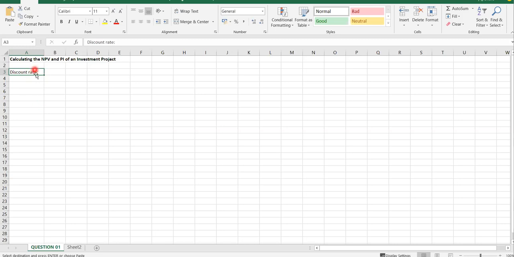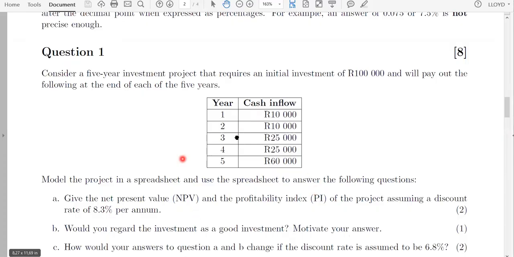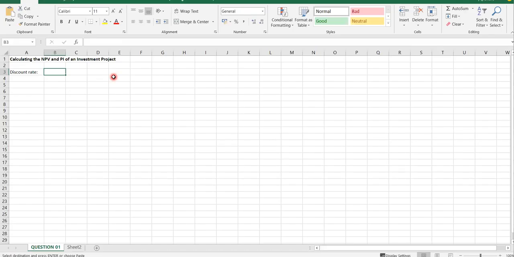So the discount rate that is given there, if you check, is 8.3%. Assuming a discount rate of 8.3%, I'm just going to put 8.3%.